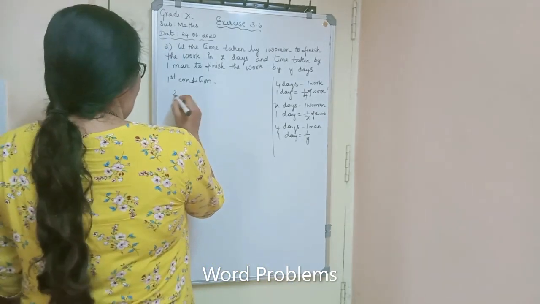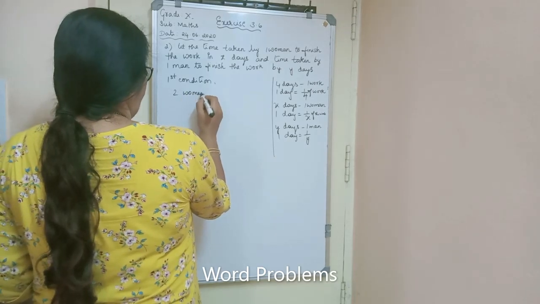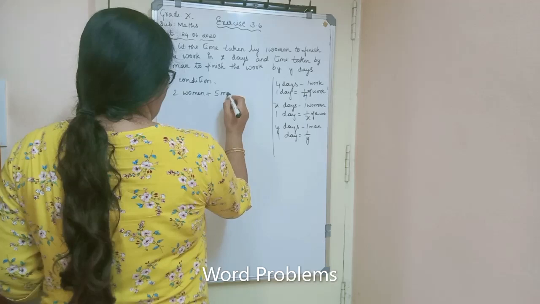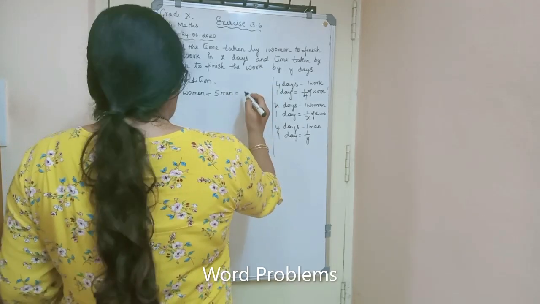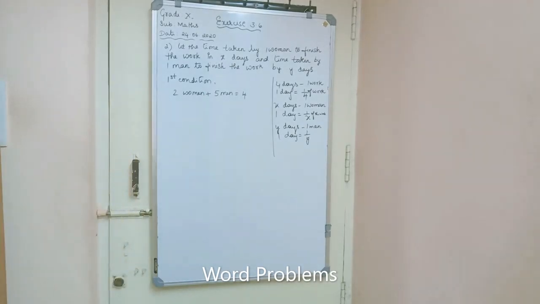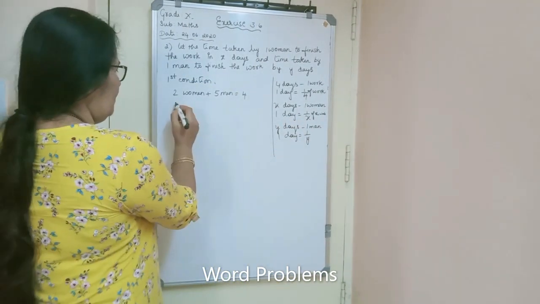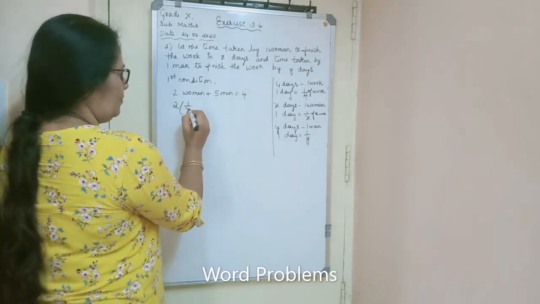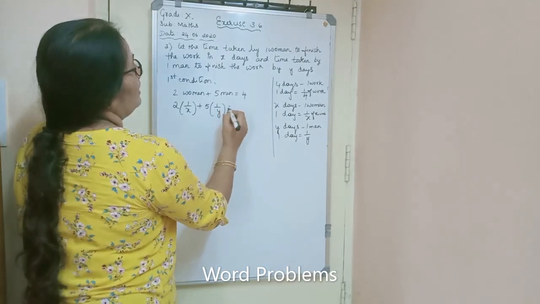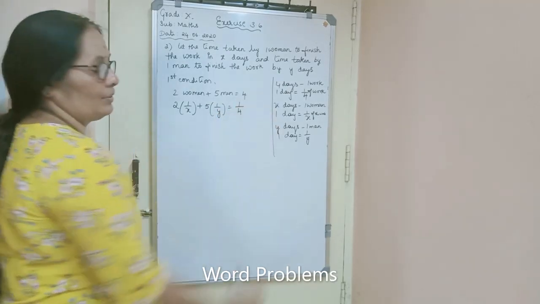Now 2 women plus 5 men together do the work in 4 days. It means that in one day, they will do 2 into 1 by x plus 5 into 1 by y equals 1/4 of the work.